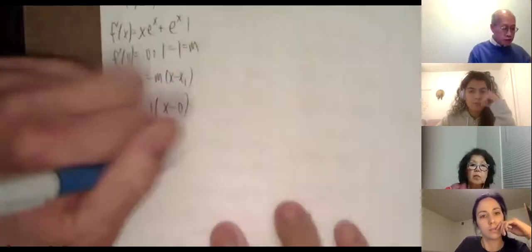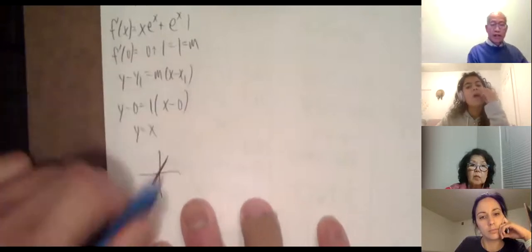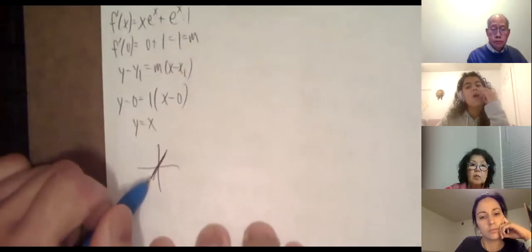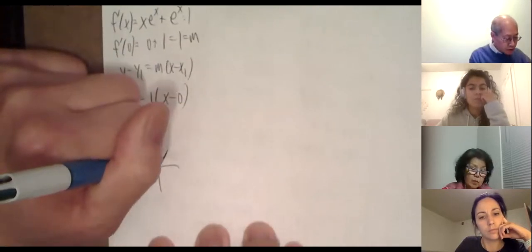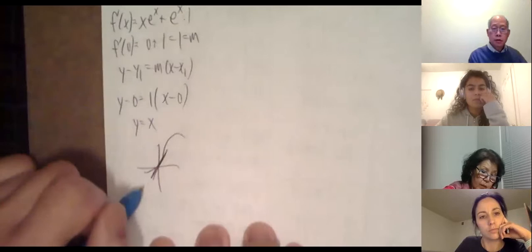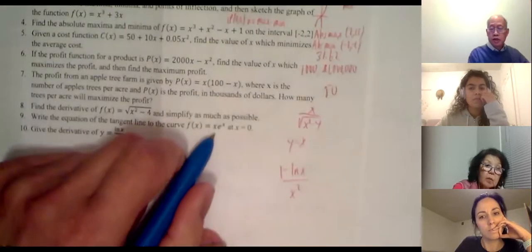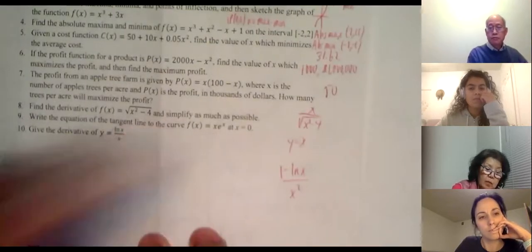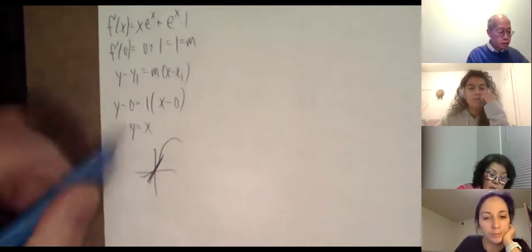So whatever this graph looks like, right here, that's the slope. Maybe the graph looks something like this. I'm just making it up. But it's going to be a lot more work to actually sketch the graph of this. It's possible, but it's too much work for now. Okay. Thank you. All right, you're welcome.